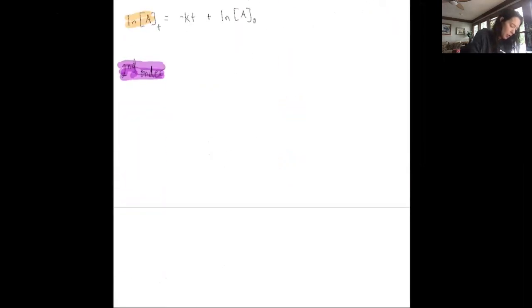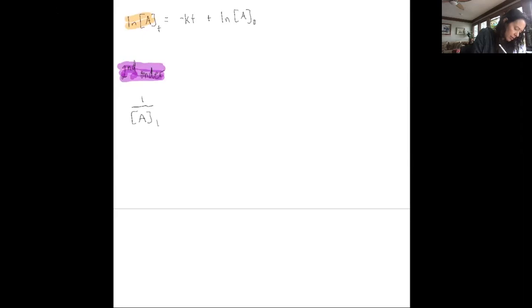So I will have the reciprocal of my concentration at time t minus the reciprocal of my initial concentration equals, now I have a positive kt because it has a positive slope. Okay?